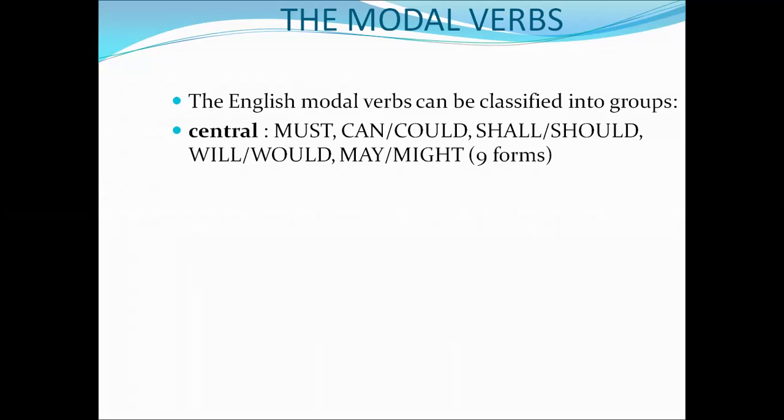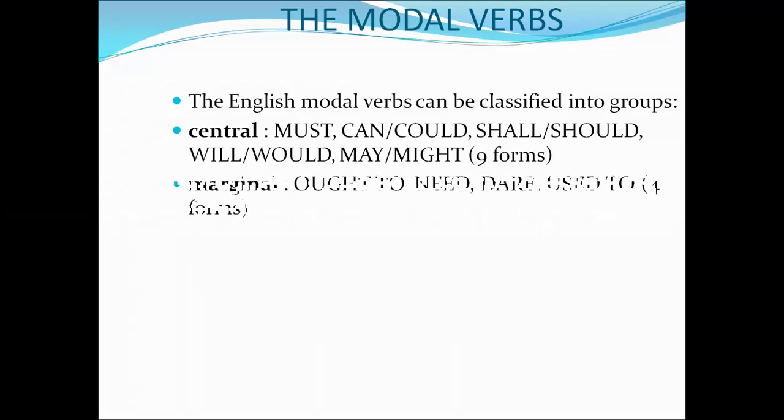Four modals are marginal: ought to, need to, dare, or need also. Need can be used as a lexical verb also. You know that. Used to. They are marginal modals.